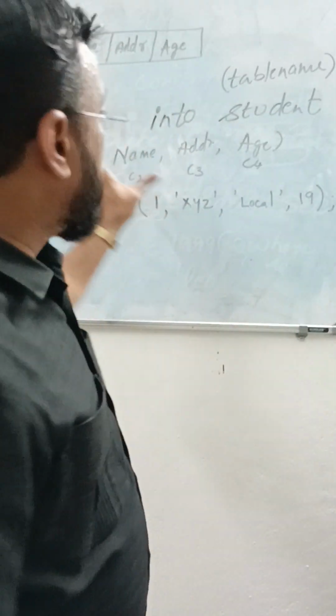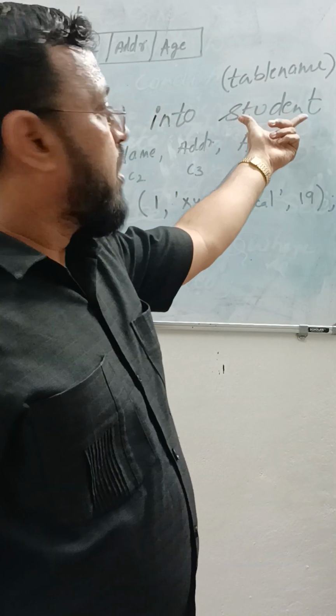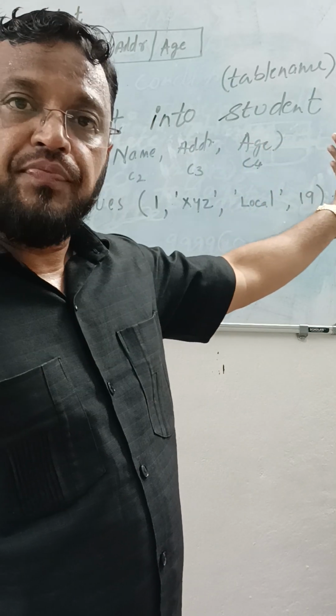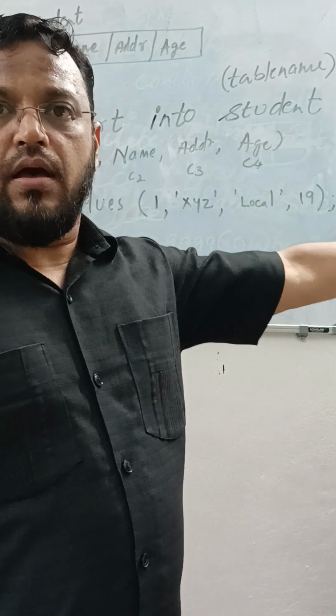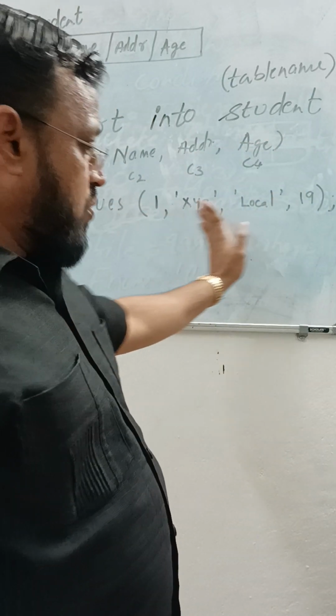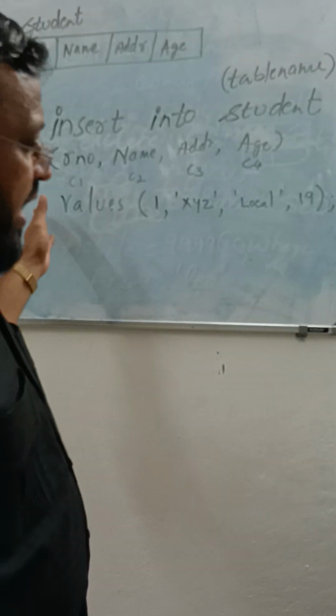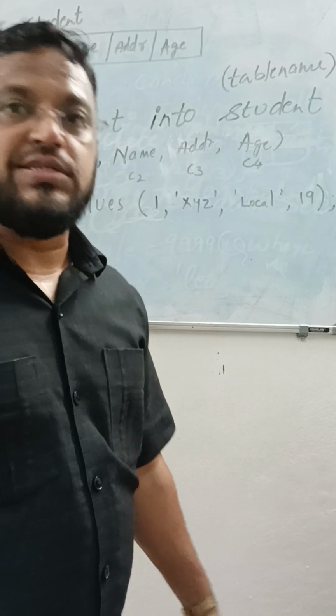I hope you are following me. So what I am doing is insert into student table, then I have given the column names, then values, the values you want to insert. This is how I will put my insert statement.